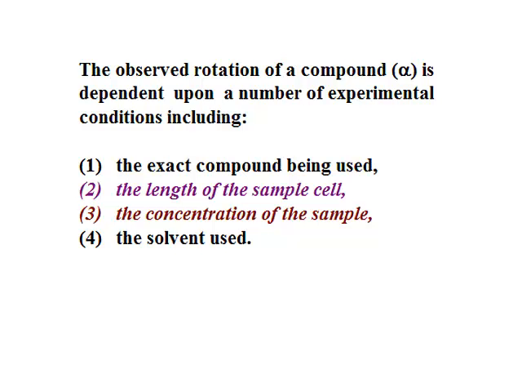Now, the two things in black we can't really control. There's not much of a solvent dependence on optical rotation. You can use pretty much the same solvent and get the same rotation. The length of the cell, though, plays a role, and so does the concentration.